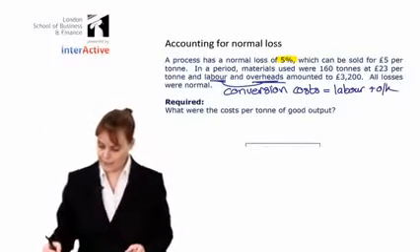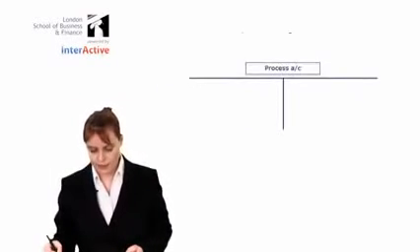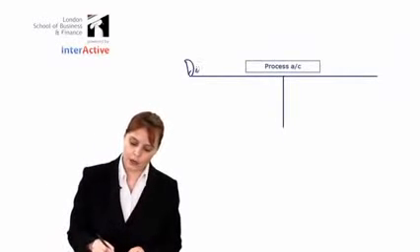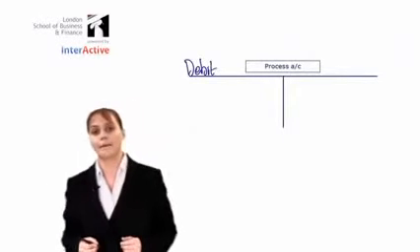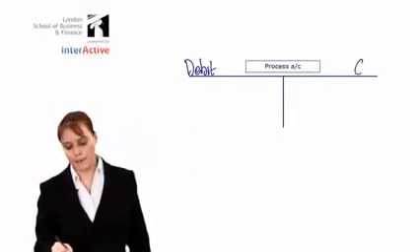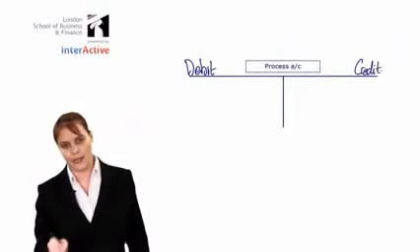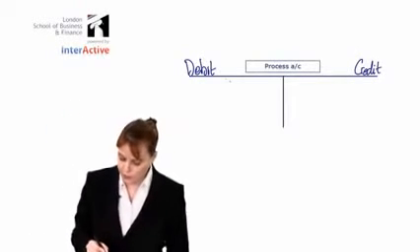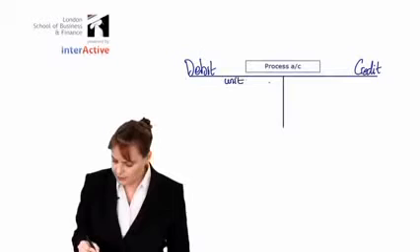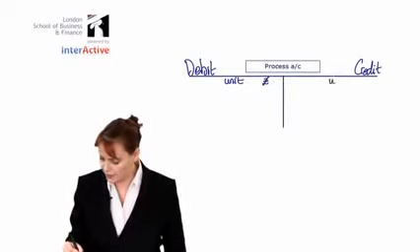So, moving into our example then, we've got our process account and we know we are going to show our input costs on the debit side and our outputs on the credit side. And we're going to record our unit values and our monetary values.